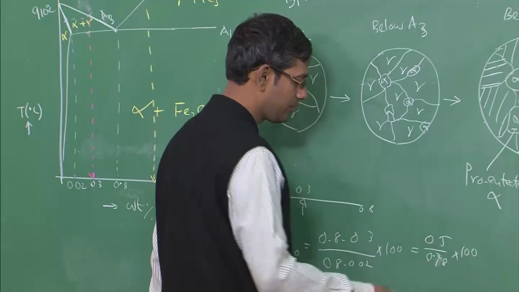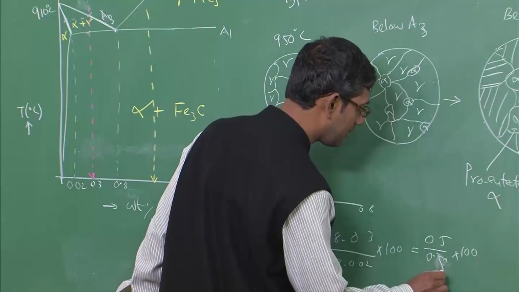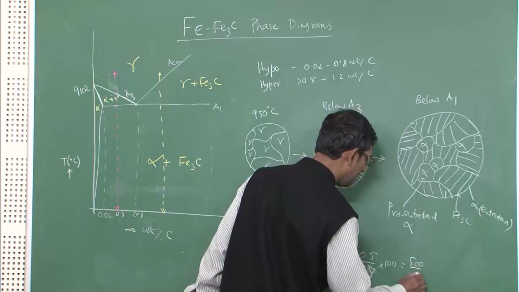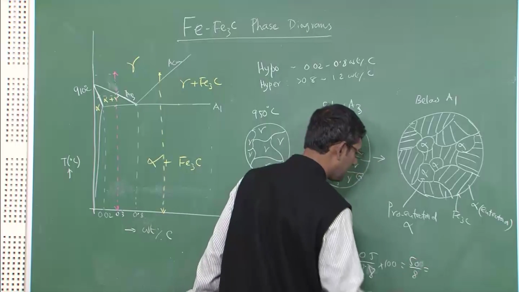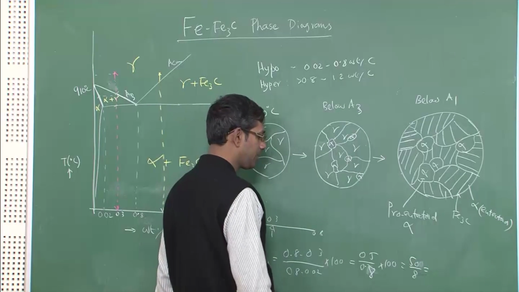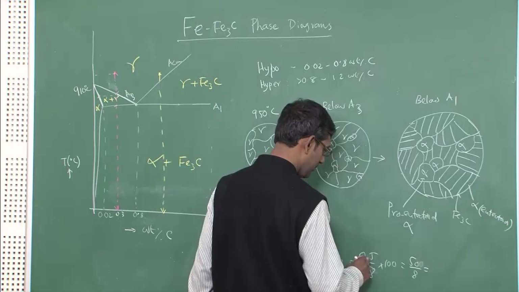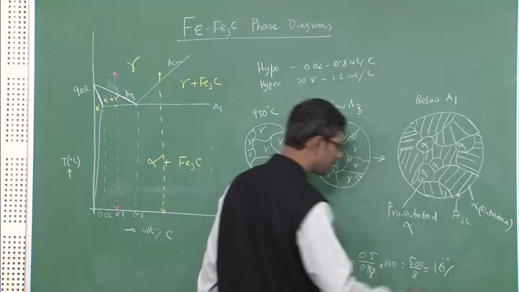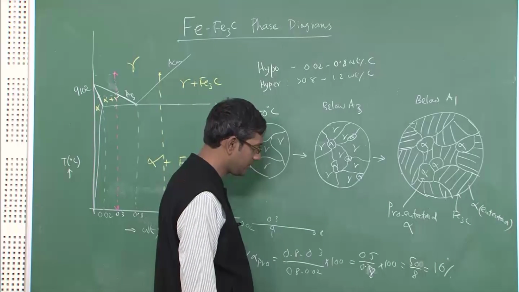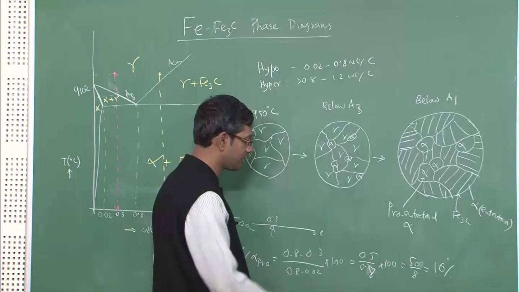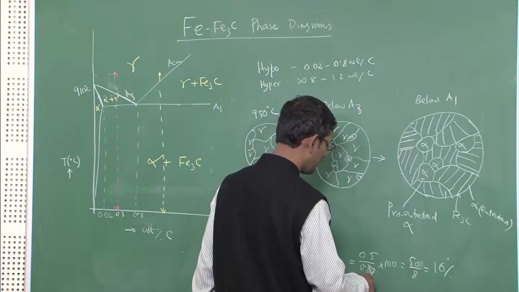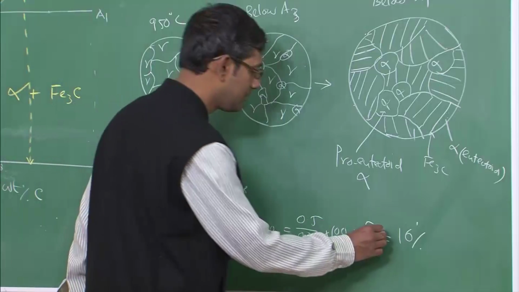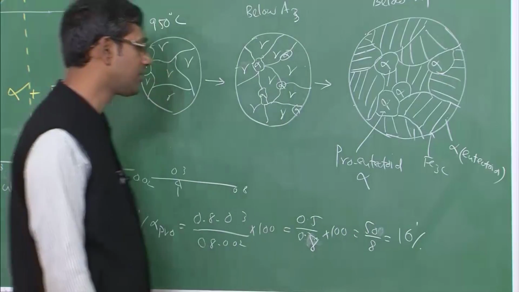Let us consider this is 0.8, easy. So, 5 by 8 into 100, 500 by 8, that is 50 by 8, about 16 percent.